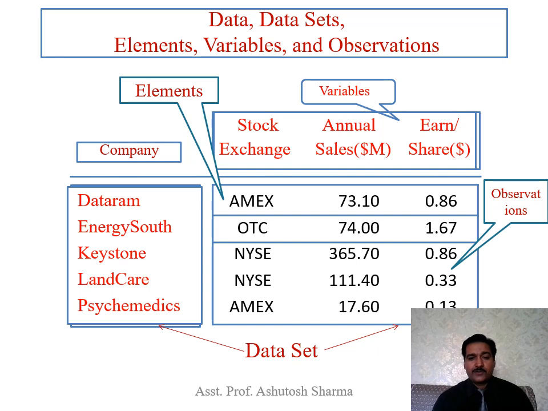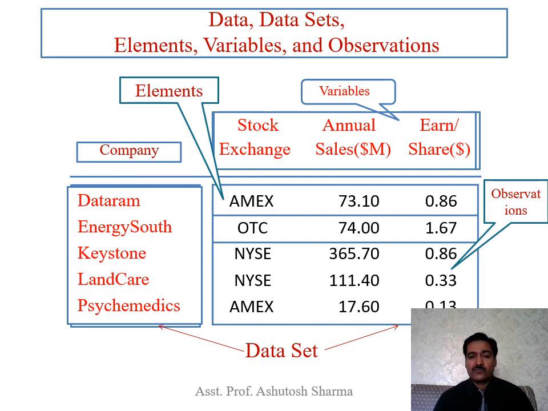Here I have taken an example where 5 stock exchanges of 5 different companies I have taken, and these stock exchanges we can call as elements and the characteristics on which we want to collect the data are annual sales in $1,000,000, earning per share in dollars.